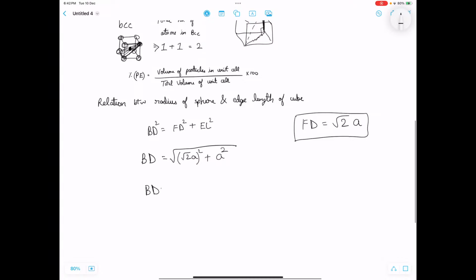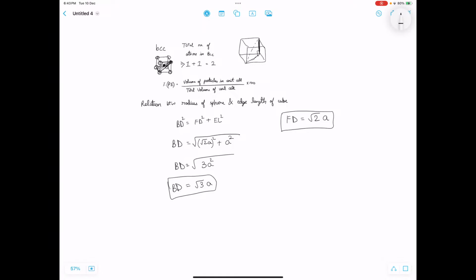So BD will be root 3a square, which will equal to root 3a. So we came to know that body diagonal is root 3a, just like face diagonal was root 2a.